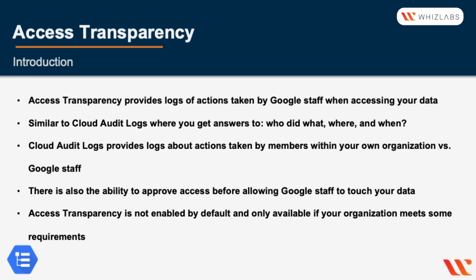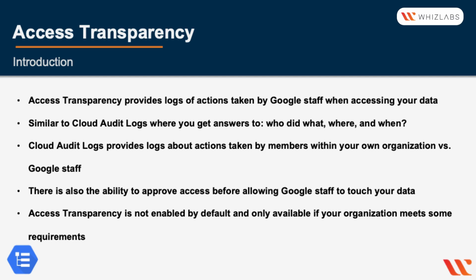These logs provide similar answers to the Cloud Audit Logs, like who did what, where, and when. The Cloud Audit Logs provide logs about actions that are taken by members within your own organization as well as the Google staff. There's also a separate sub-feature where staff have to ask for your permission before they can access any of your resources.